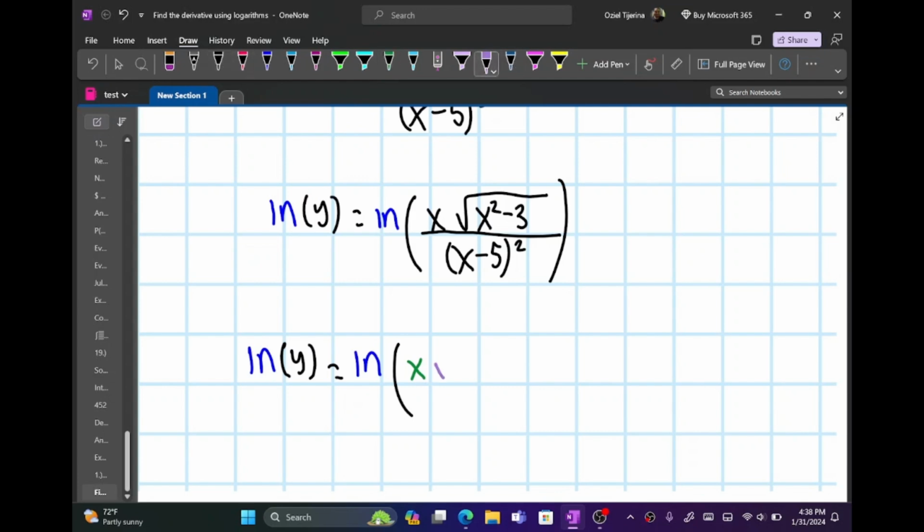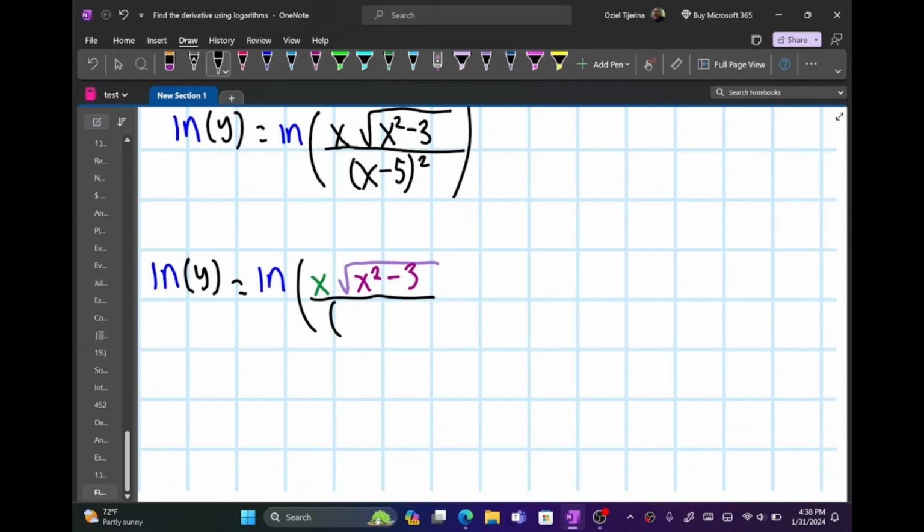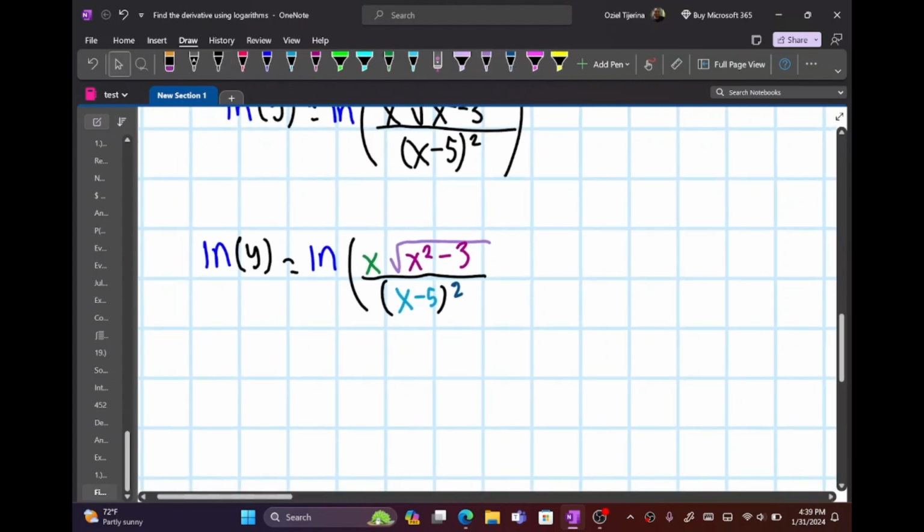I'm going to be using so many colors, guys, just letting y'all know. I'm running out of colors.